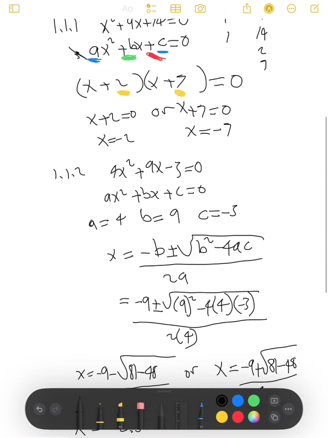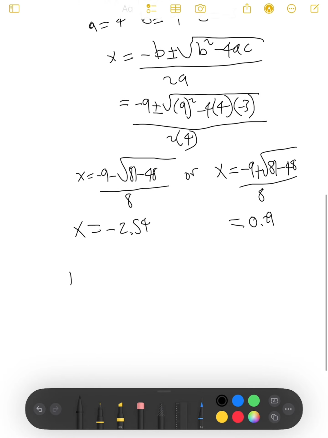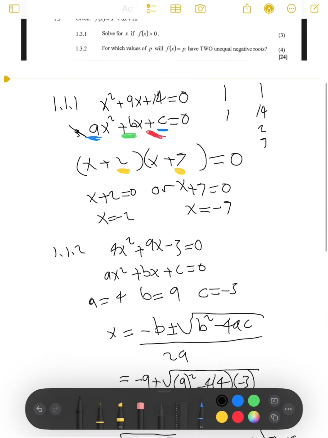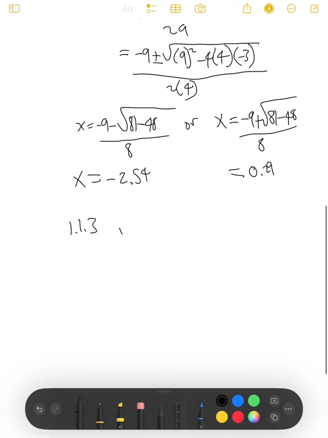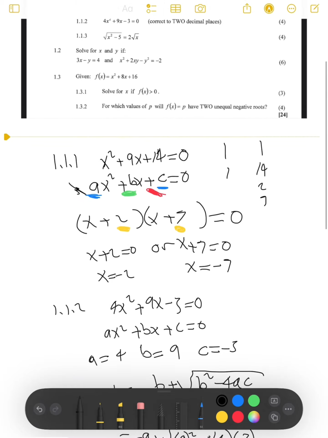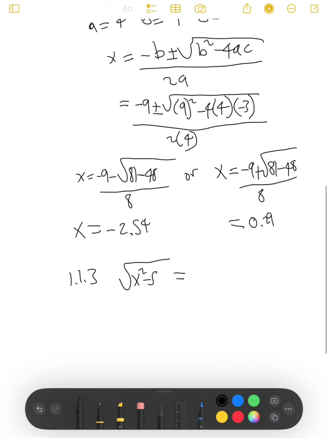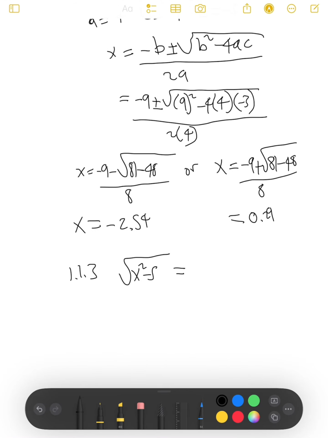Let's move to 1.1.3. What we have is the square root of x squared minus 5 equal to 2 times the square root of x.